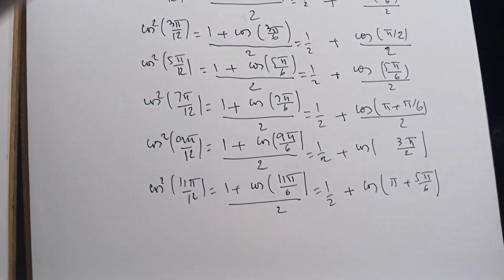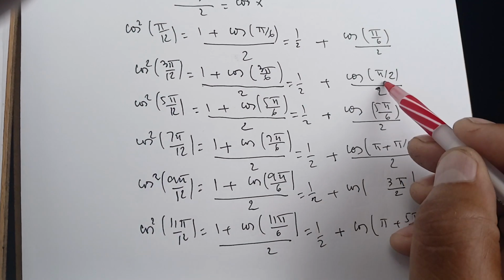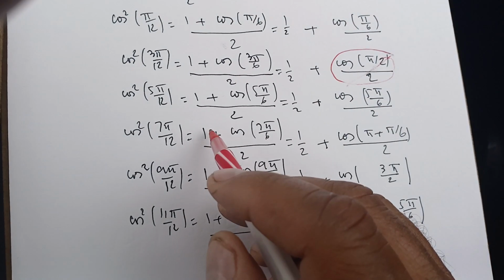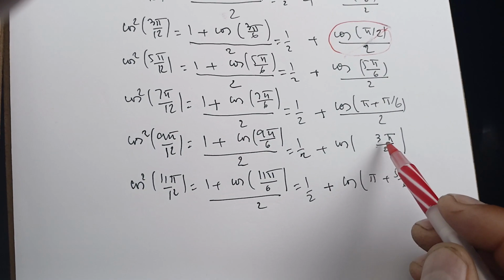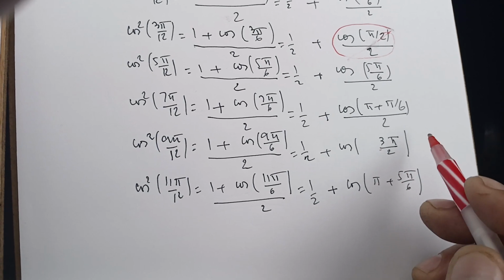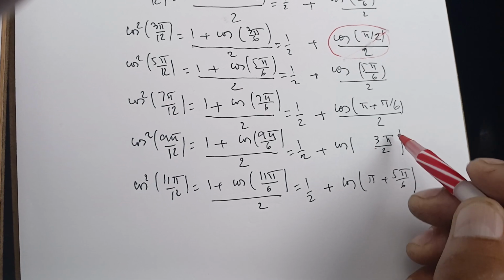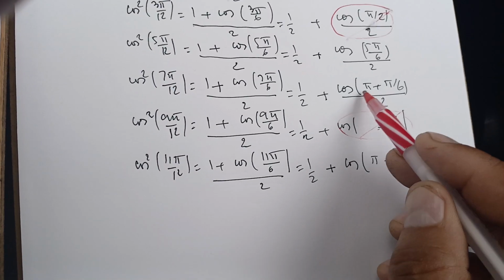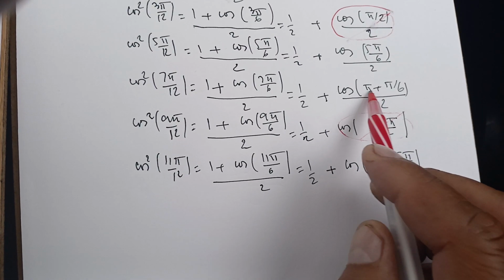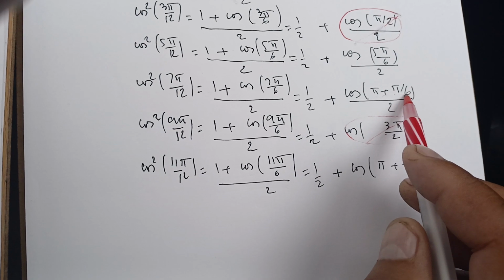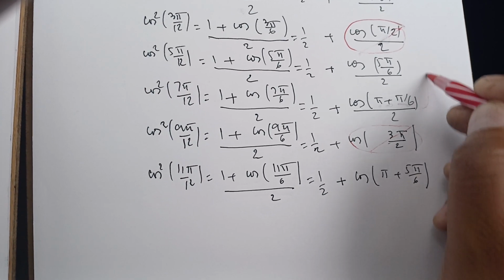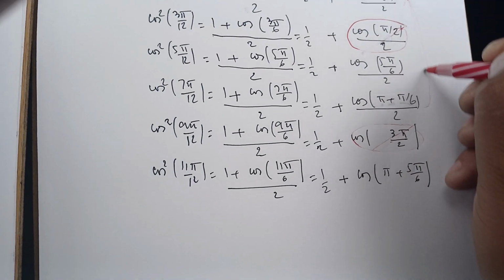Let me start simplifying. Cosine pi over 2 is 0, so we don't need this one. The cosine of 3 pi over 2 is also 0, so we don't need this one. Now here, the cosine of pi plus pi over 6 is minus the cosine of pi over 6, so this one is going to go with this one.